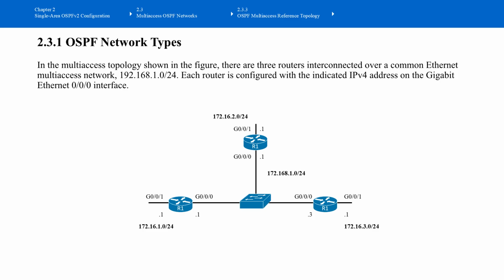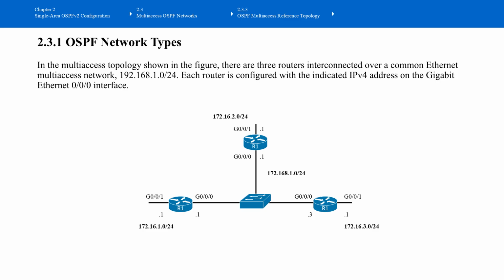Because all 3 routers are on the same Ethernet LAN, OSPF treats this as a broadcast multi-access network. That means OSPF will elect one DR, and also a BDR. The remaining routers become DR others.